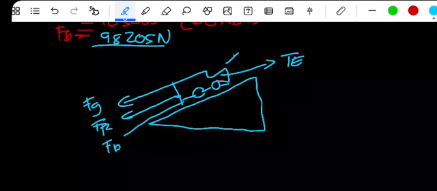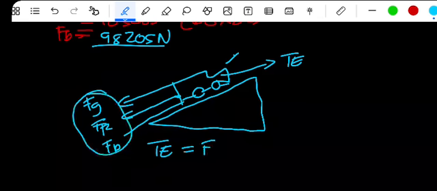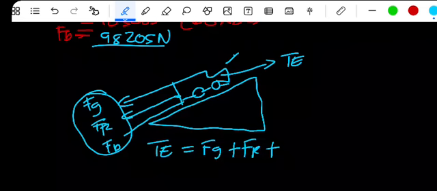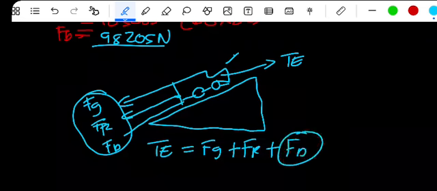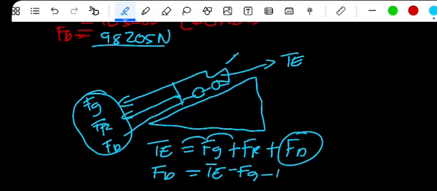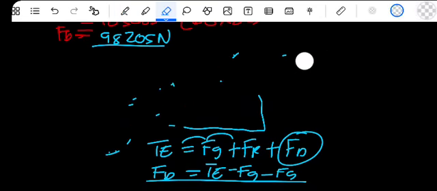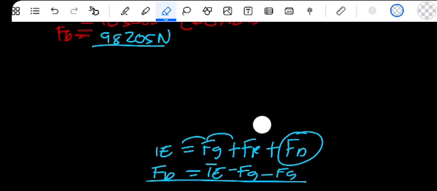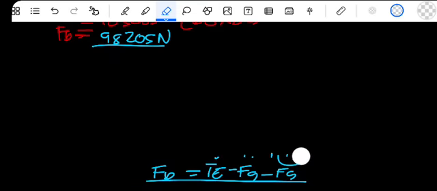We are talking about drawbar pull. Drawbar pull will replace acceleration. So from this we'll have TE equal to, these acting in the same direction, FG plus FR plus FD. But if you want the drawbar pull, you have TE here and you subtract FG and FR. So that is how the cookie crumbles. That is how you can get the drawbar pull.